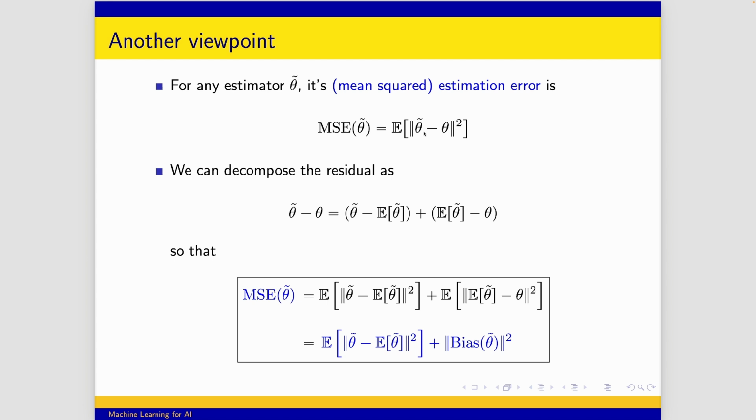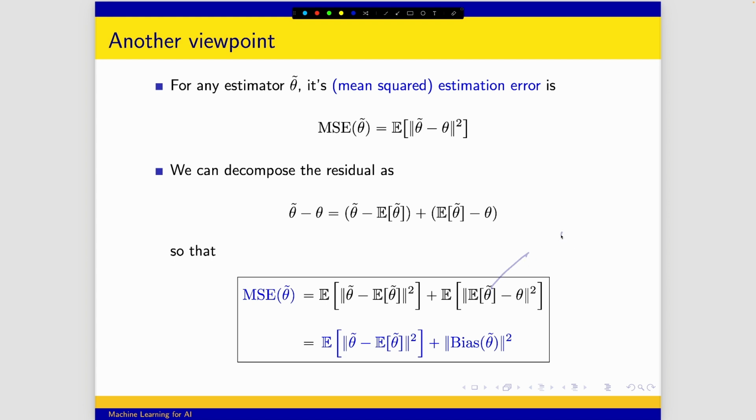Now we can decompose this difference as follows. This is a trivial decomposition because these of course add together and we get back to theta tilde minus theta. But by doing this, we can write the mean square error in this form. It's the expected value of the 2 norm of this squared plus the expected value of the norm squared of this thing in here.